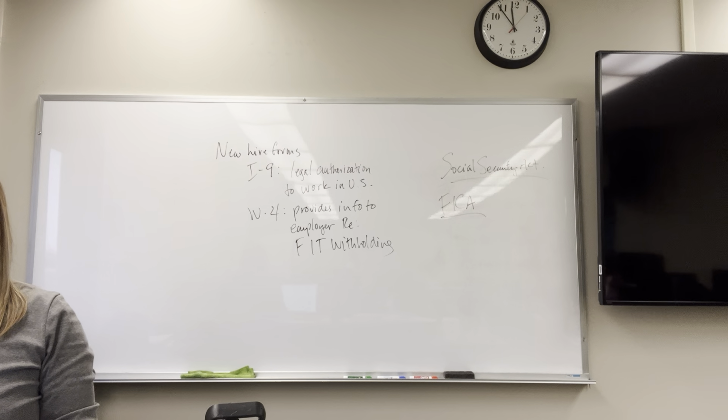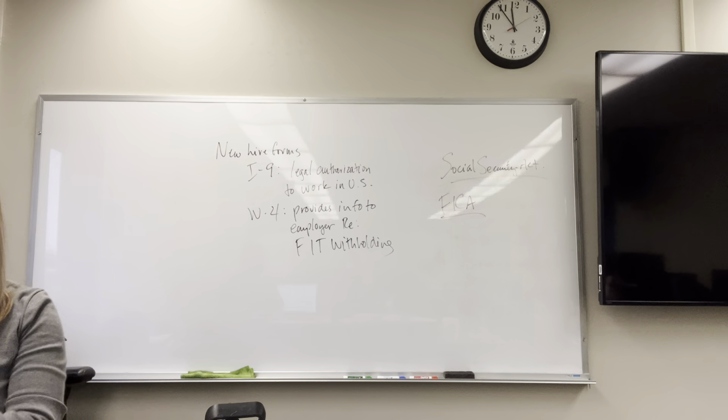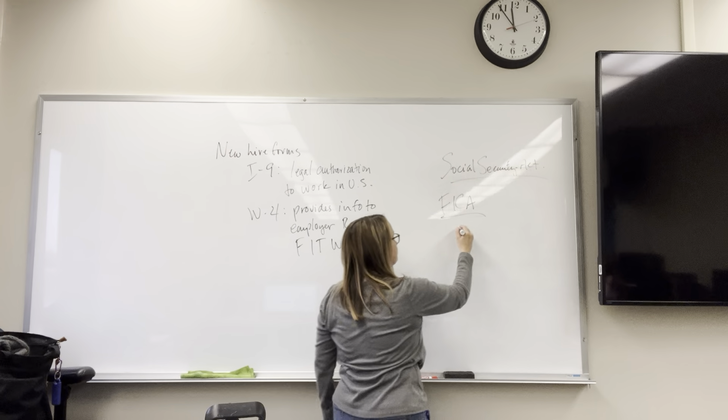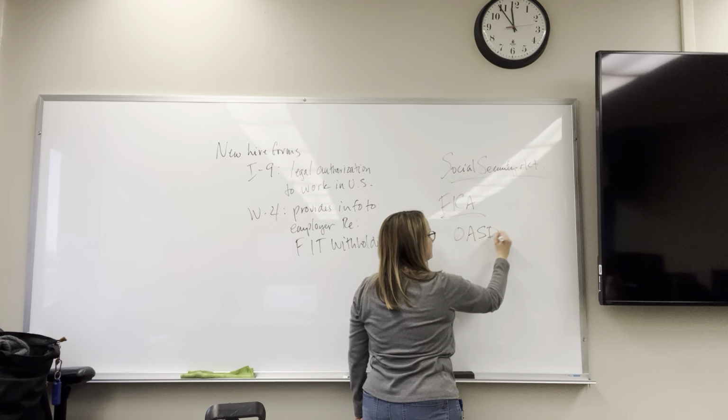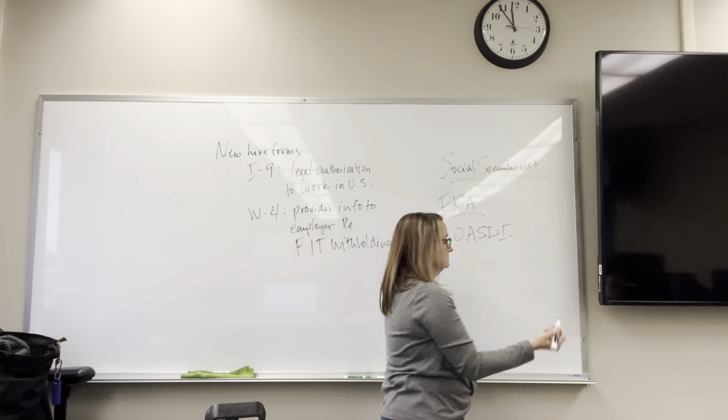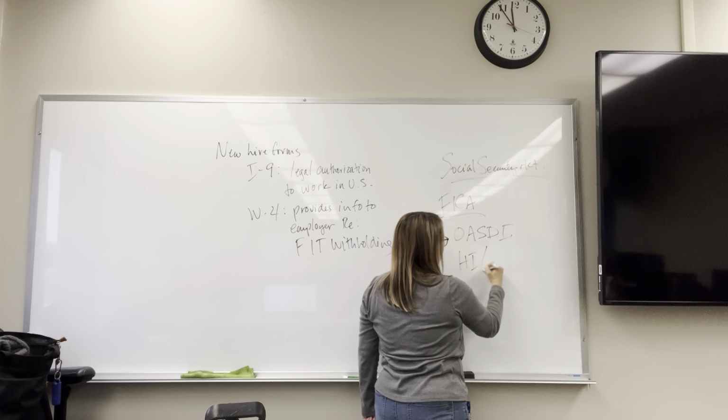What are those taxes? What are they called? Yes, OASDI, Old Age Survivors and Disability Insurance, and HI, or Medicare.